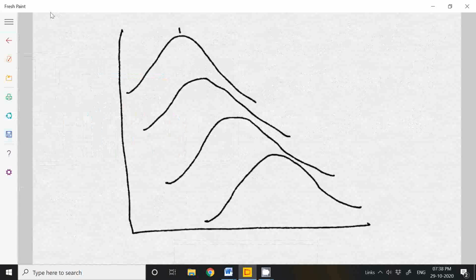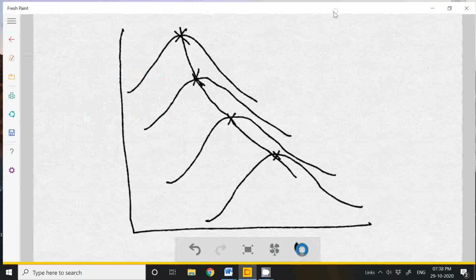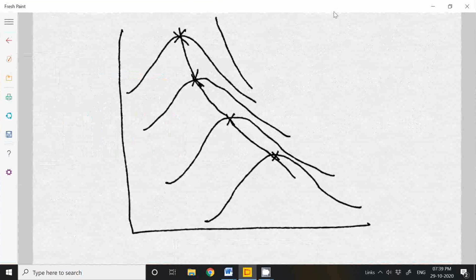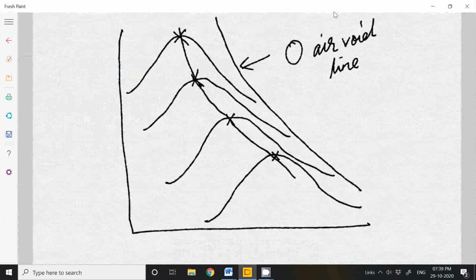And if we join the points of maximum dry unit weight here, here, here, here, this is called the line of optimum. And the zero air void line is parallel to the line of optimum. So this is the zero air void line, and this is the line of optimum. So these are parallel.